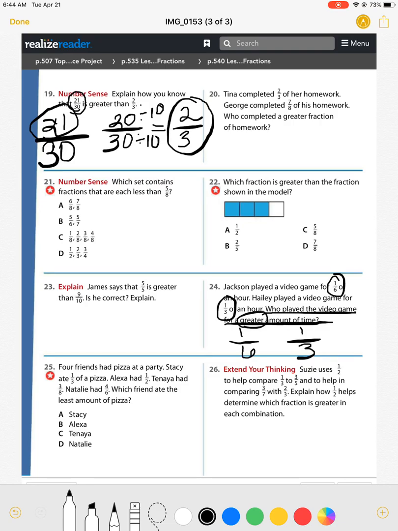I notice that they both have the same numerator. The numbers on top are both 1. So remember, the greater the denominator, the smaller the piece. So let's think, what's bigger? 1/6 or 1/3?